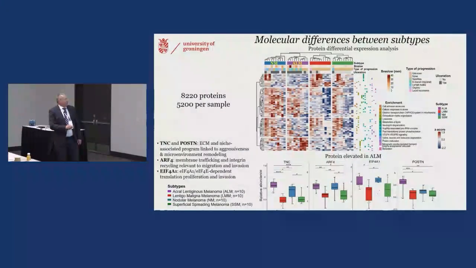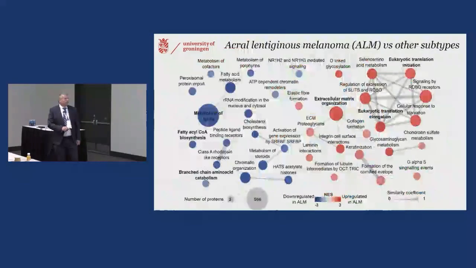ARF4 is responsible for membrane trafficking and integrin recycling, and EF4 is basically related to proliferation and tissue invasion. So if it's upregulated, then the tumor is more aggressive.